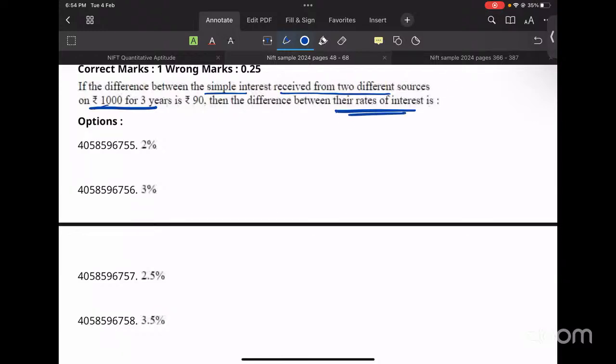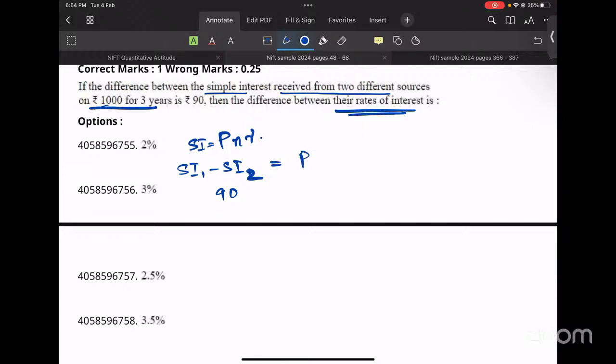SI equals principal into number of years into rate. So SI1 minus SI2 equals 90.